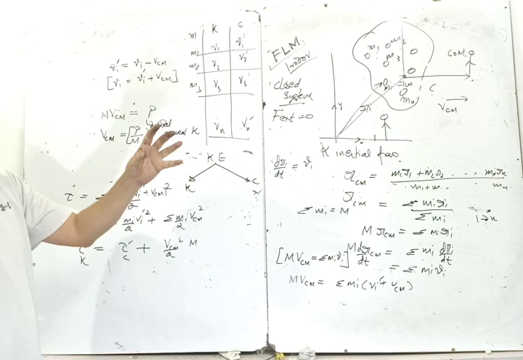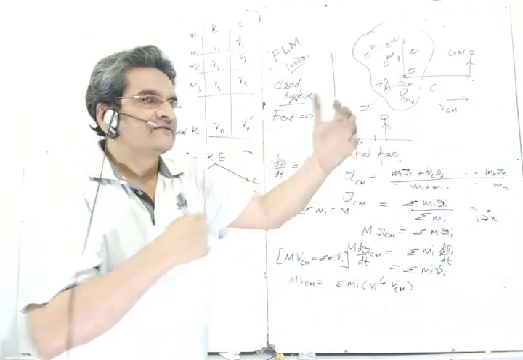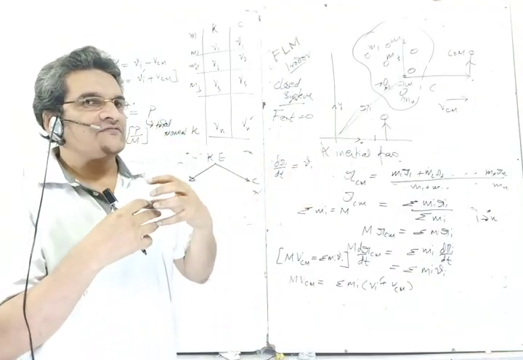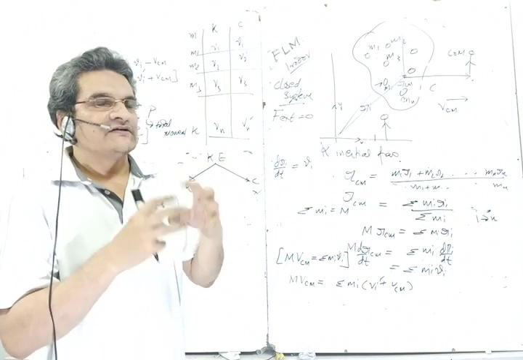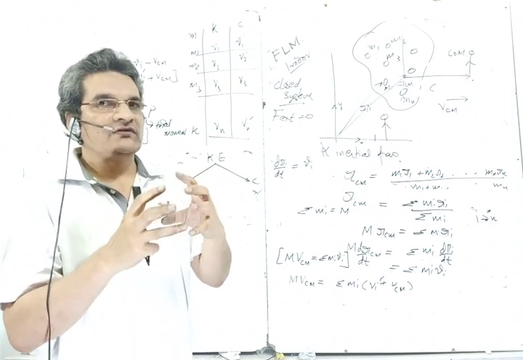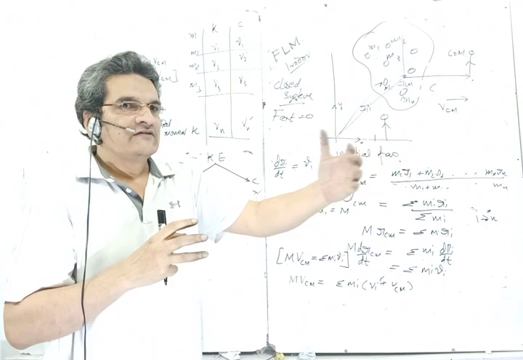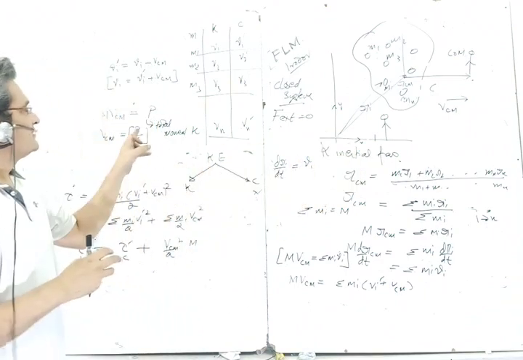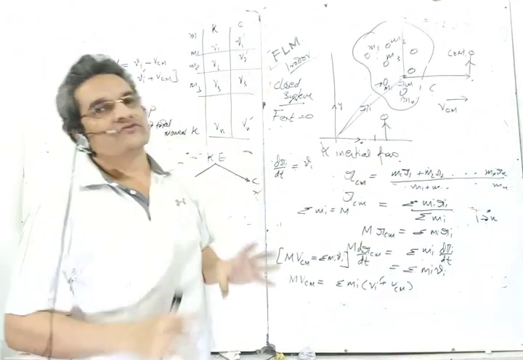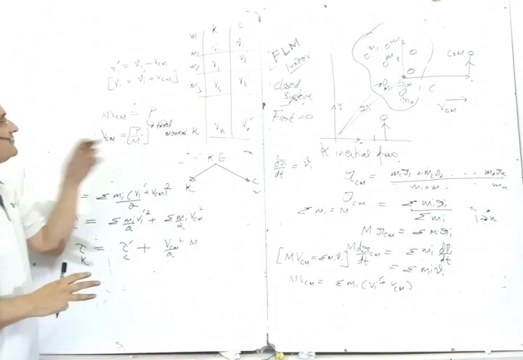But if there is no external force, and I say some velocity is given to some mass connected to the spring, whatever was the velocity given to that mass, its momentum becomes m into v. Other mass was not given any velocity, so m into v is my initial momentum, and that remains constant throughout. So P remains constant.